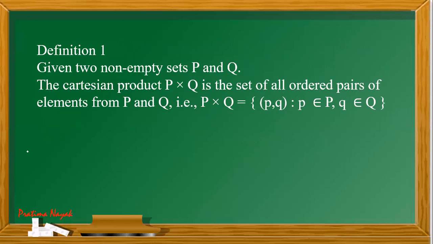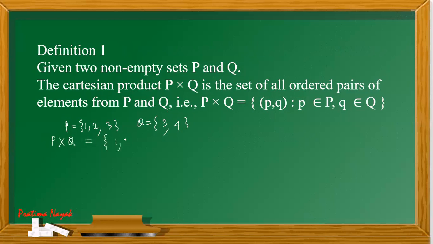That means if I take a set P equal to {1, 2, 3} and Q equal to {3, 4}, then the ordered pairs possible, taking one element from P and another element from Q, will be P cross Q or the Cartesian product of P and Q. How is it?